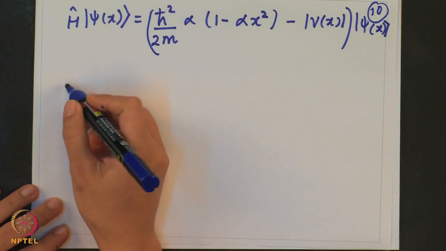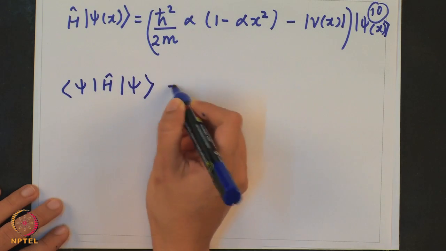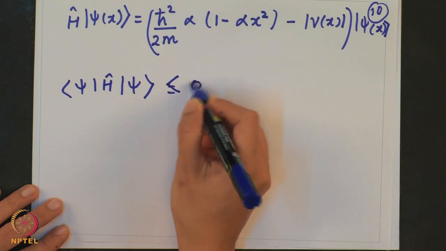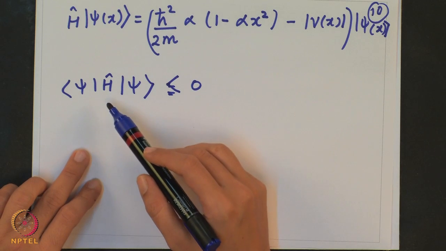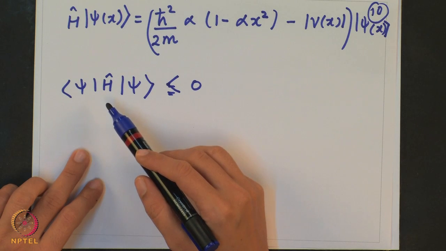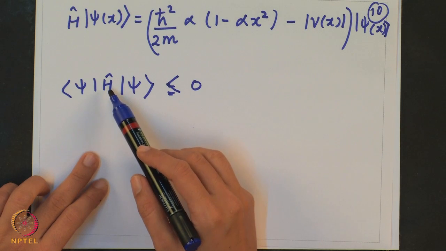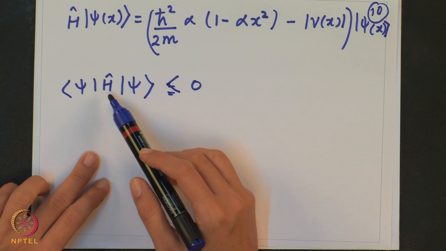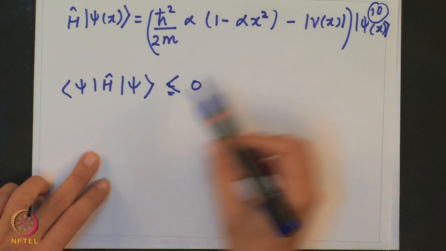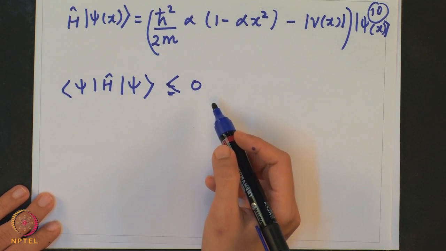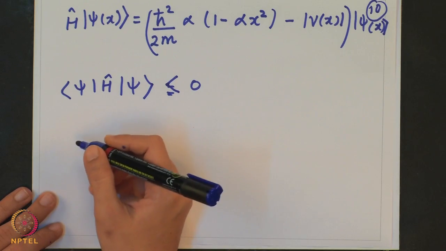We have to argue that the expectation value of the energy is less than 0. So, what will be the condition on alpha such that we get a bound state? When I calculate the expectation value, this should give me a bound state energy, that is negative energy. If E is less than 0, what will be the condition on alpha such that I get at least one bound state?